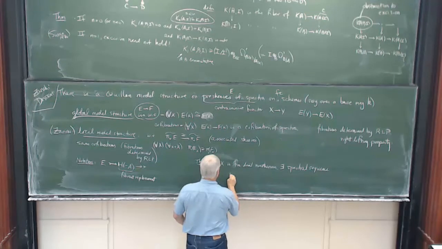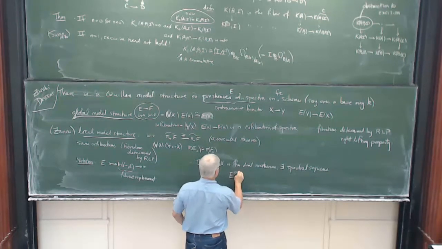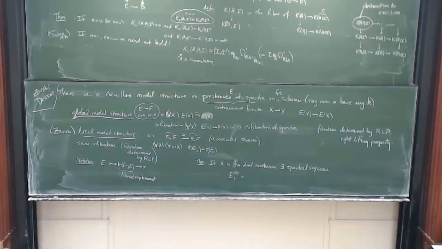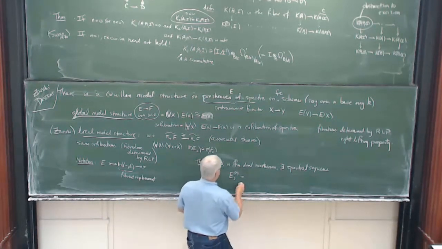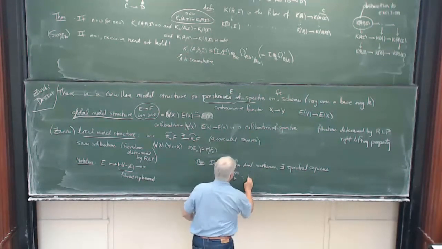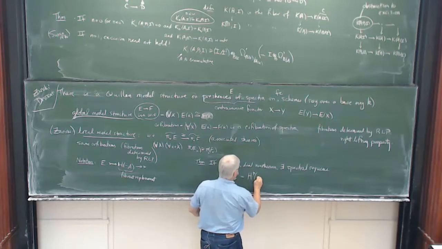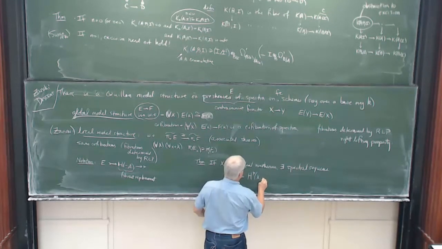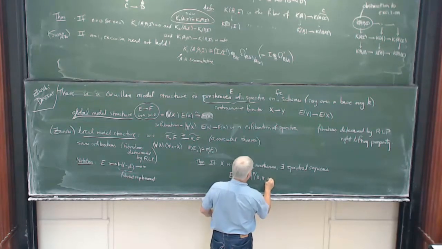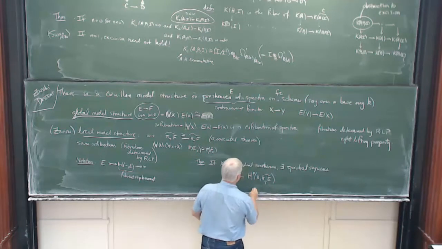I'm going to get my indices wrong if I think about it too carefully, but H^p of X with coefficients in pi_{-q} of E. So this means the associated sheaf of this.